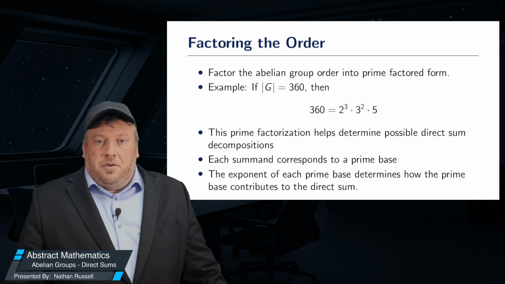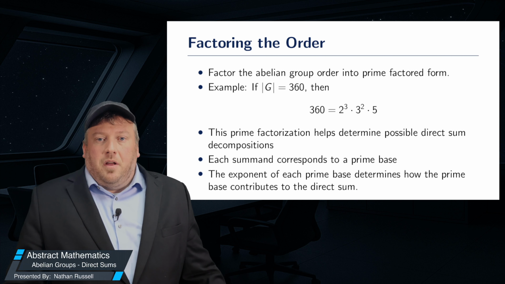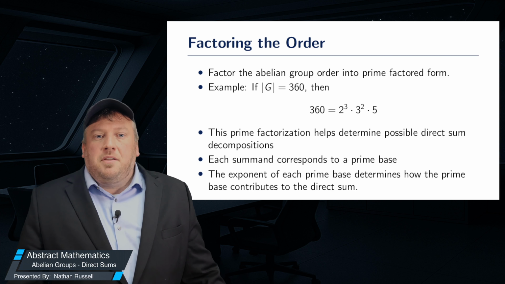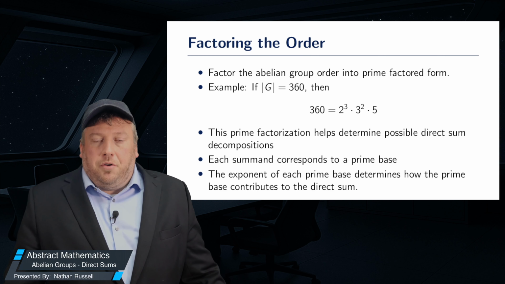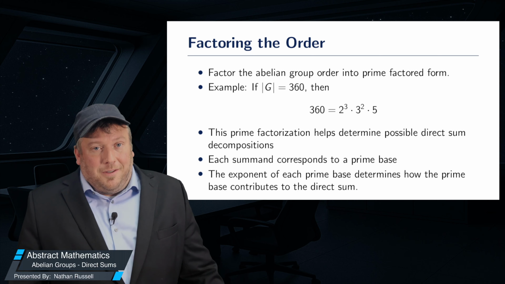Each summand of the direct sum corresponds to a prime base. The exponent of that prime base tells us how many cyclic factors of that prime are available. As a result, it gives us a counting method for determining how many abelian groups of a certain order exist, up to isomorphism to be clear.